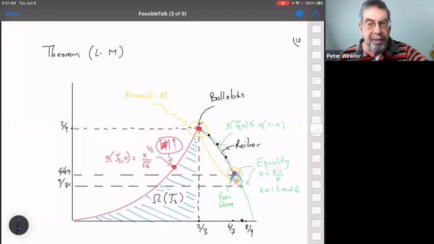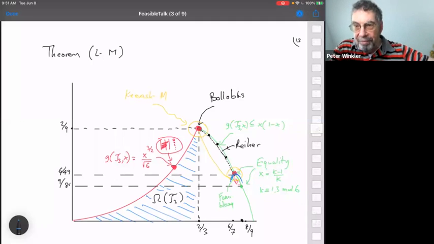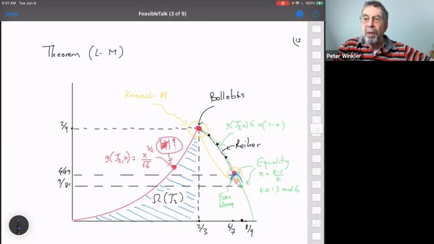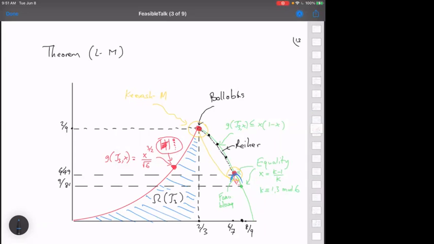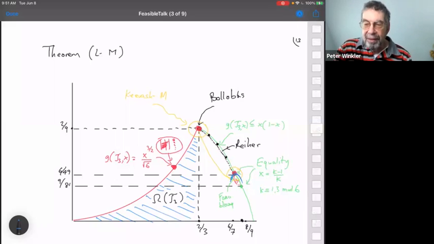Dhruv, you didn't define feasible region in terms of hypergraphons, which is probably a good choice from the point of view of the talk, but I wondered whether you found them useful in improving the theorem. Hypergraphons. Oh, yeah, right.